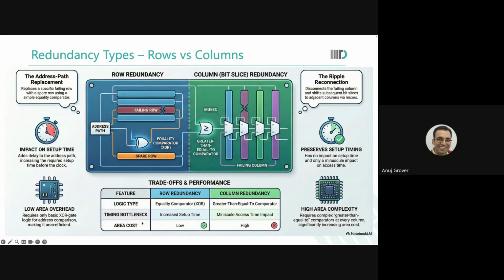What does the phrase in-field repair mean to you? So what in-field repair means is that if your chip fails in the field, if there are spares available, it will automatically repair itself.